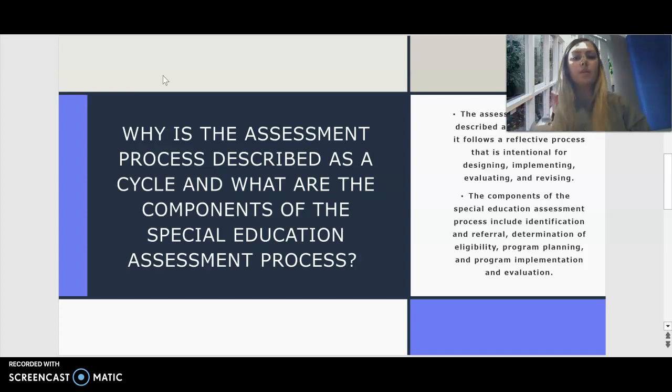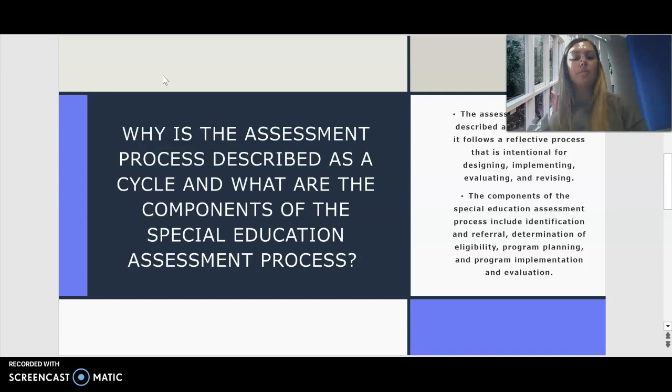It starts with screenings, intervention strategies, and referral, and then an individualized assessment plan is designed. They also need parental involvement, reporting results, and a discussion about the eligibility. And then after that, the IEP can be designed.